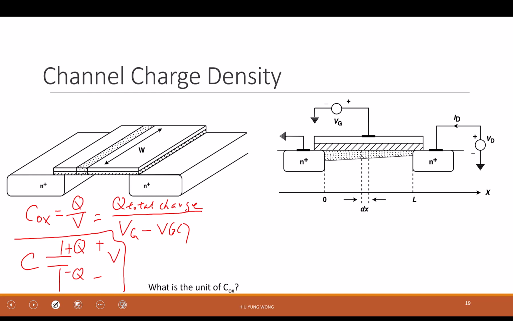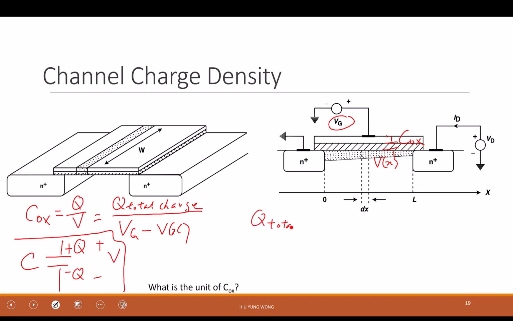So in this case, if you look at our transistor, again, we have a capacitor, Cox, which is not changing. We also have Vg, which is the same everywhere. But at the bottom, we have Vx, right? So at each location, you have this relationship.